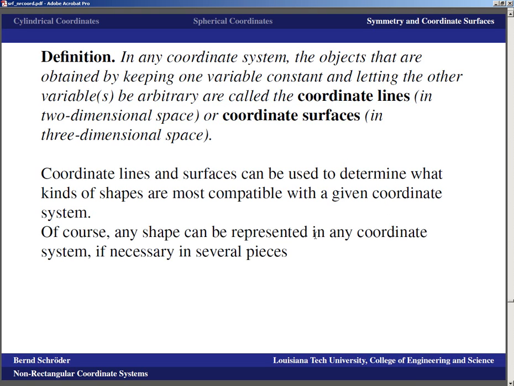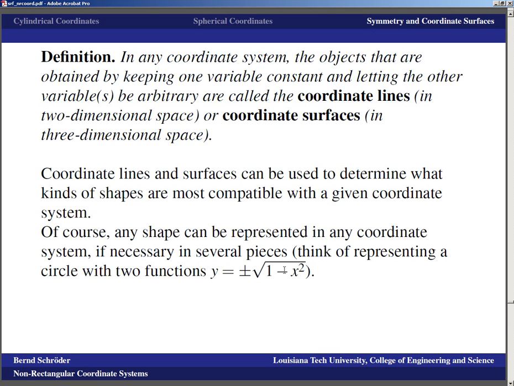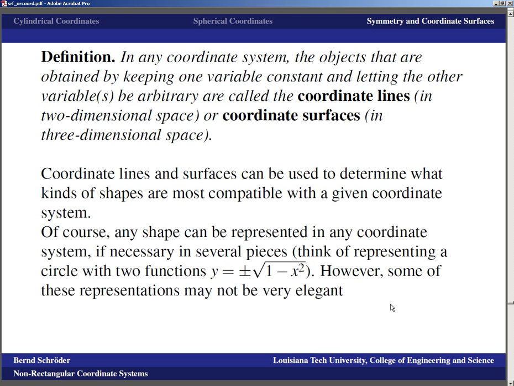Any shape, of course, can be represented in any coordinate system if necessary with several pieces. For example, we can represent a circle with 2 functions, y equals plus or minus the square root of 1 minus x squared, a circle of radius 1 around the origin, right? But that's inconvenient, and that's the flip side of that coin. Some of those representations may not be very elegant.